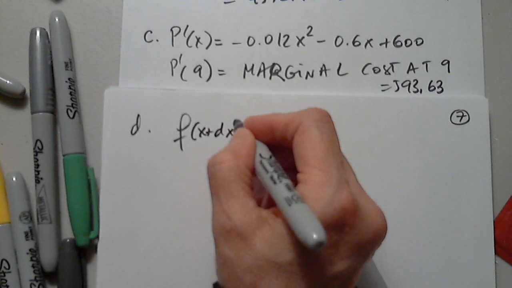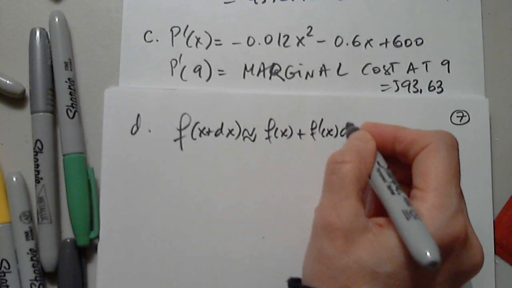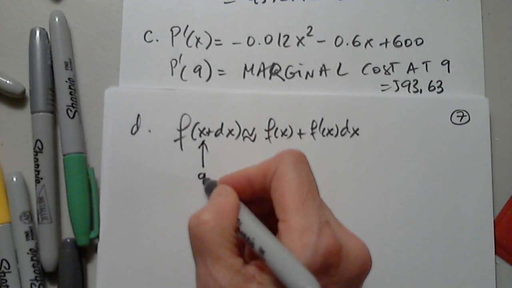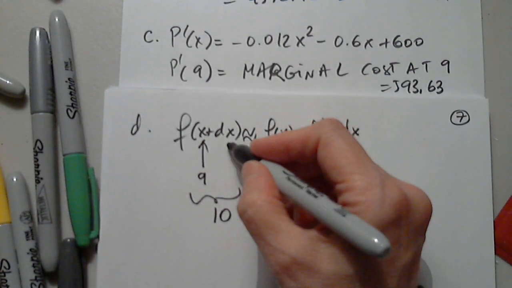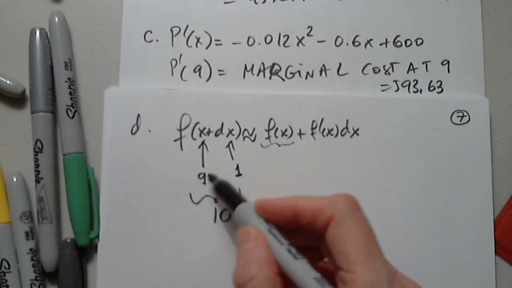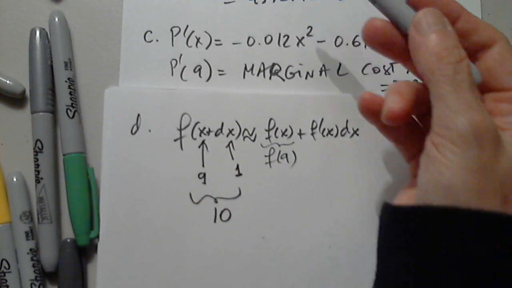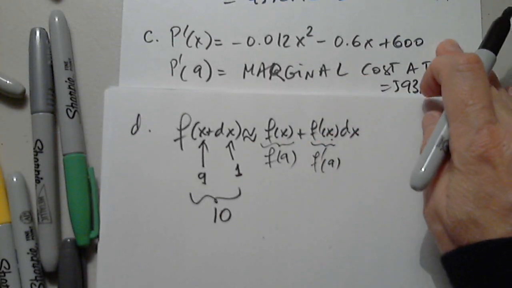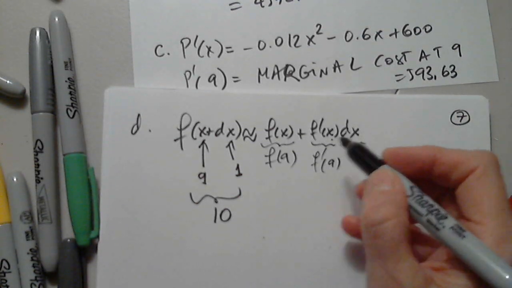F of x plus dx is approximately f of x plus f prime of x dx. Our x is 9, but we want to talk about 10, which means dx is 1. F of x is f of 9, which we have, 4572. F prime of x is f prime of 9, which we have, 593.63. And dx is 1.